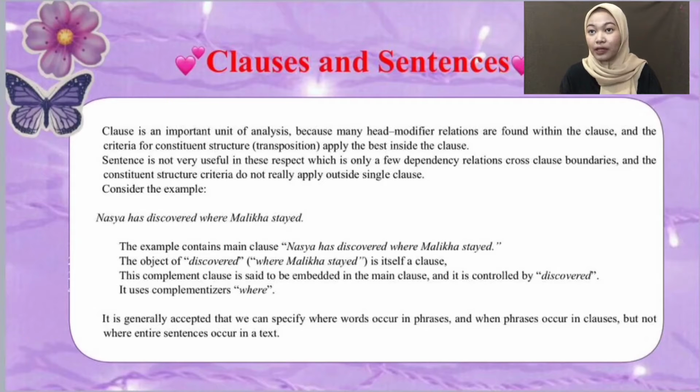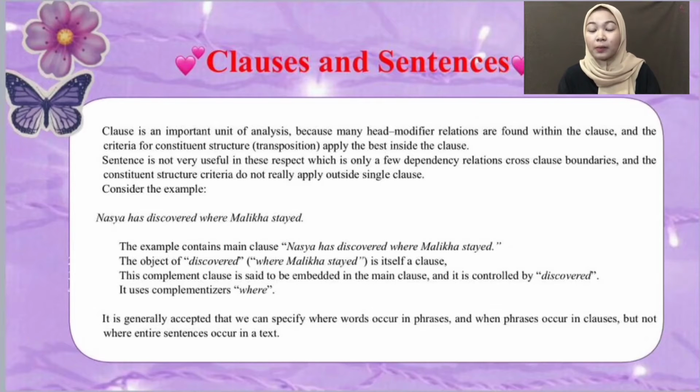Consider this example. Nasya has discovered where Malika stays. First, the example contains the main clause Nasya has discovered. Second, the object of discover, where Malika stays, is itself a clause.